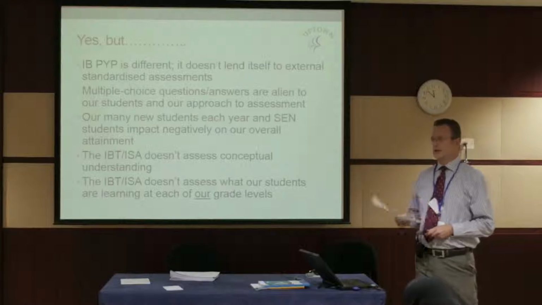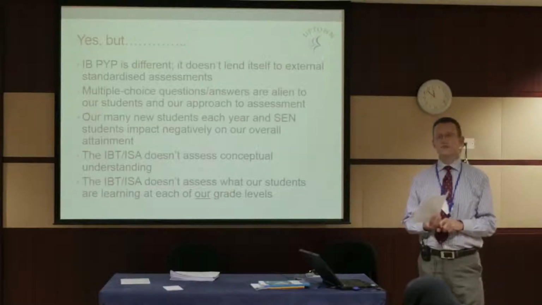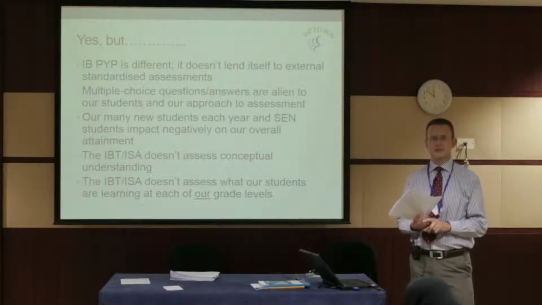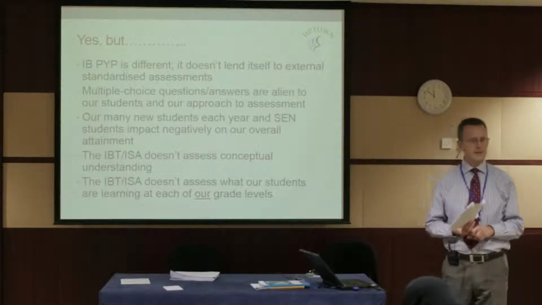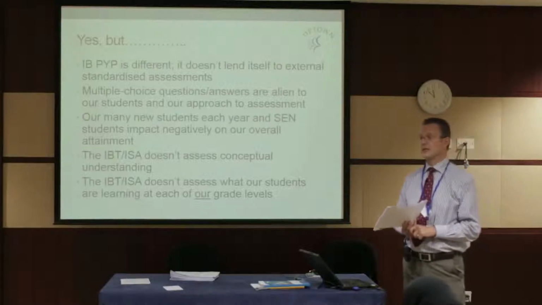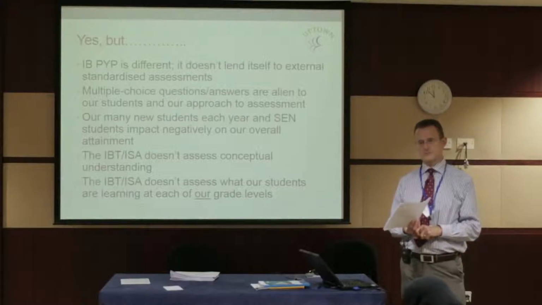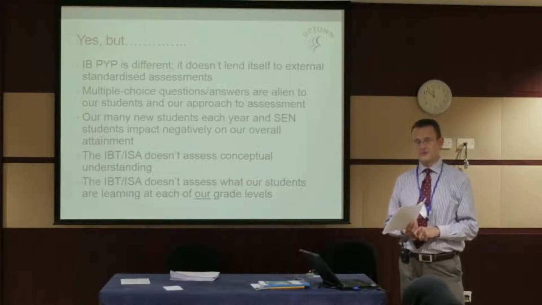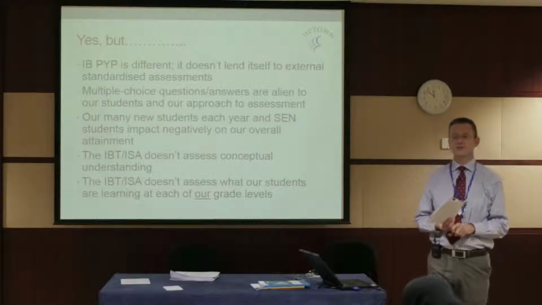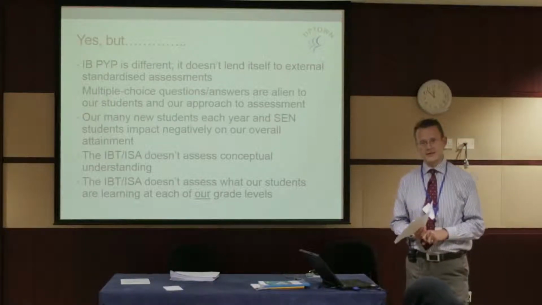Well, the thing is, the ISA is designed for students in international schools. It's designed for students in the IB. Many, many schools, the largest proportion of schools taking the ISA, are IB schools. And research has demonstrated that IB schools tend to outperform non-IB schools on the ISA.